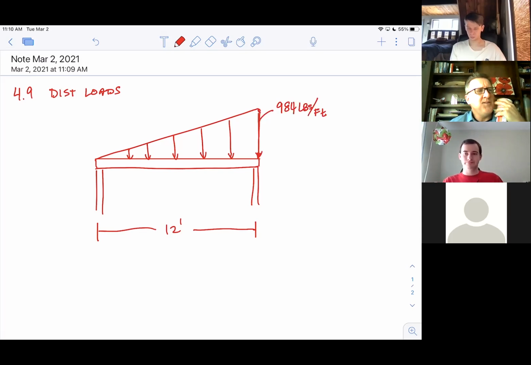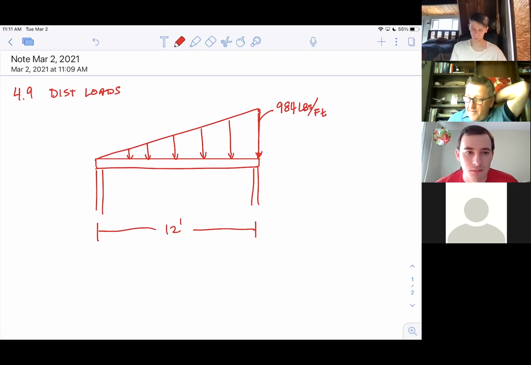It's important to note that unit. You might think that should just be pounds. In other words, I have 984 pounds over there. But that's the pounds spread over an entire foot. Does that make sense? So it's not at a point. It's spread over an entire foot.